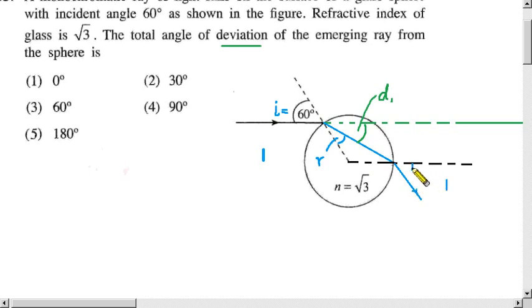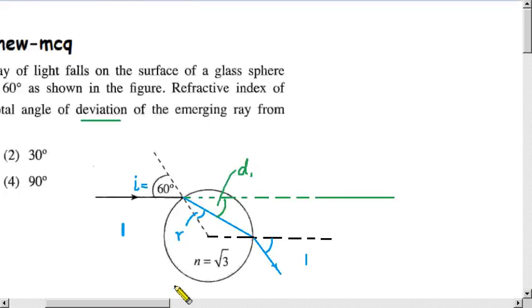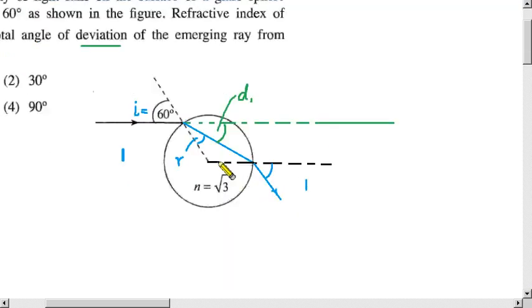So this angle we have to find out. Before that I have to say there is another deviation, because this refracted ray was directed this way before striking this surface. So we have to mark that direction by a dash line.